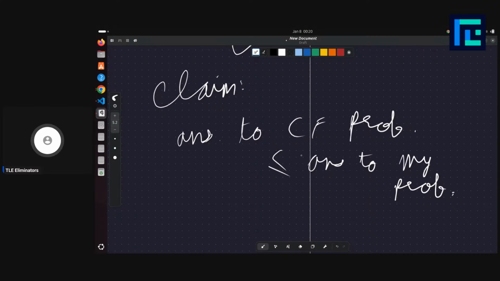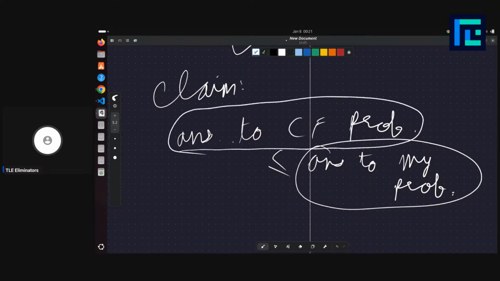In my problem we can select any indices, and in this CF problem we can only select a particular set of indices. So of course the answer to that CF problem would be worse than my answer.